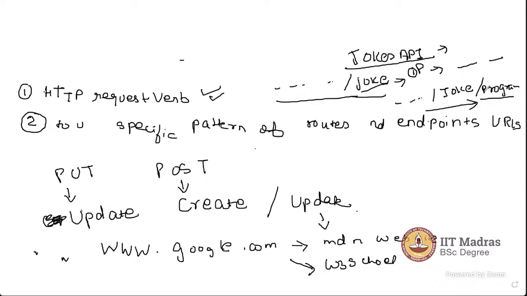So they have given us the form, and we can notice that as soon as we selected programming jokes, the URI changed, right? This is the additional thing that we are able to see in that jokes API.